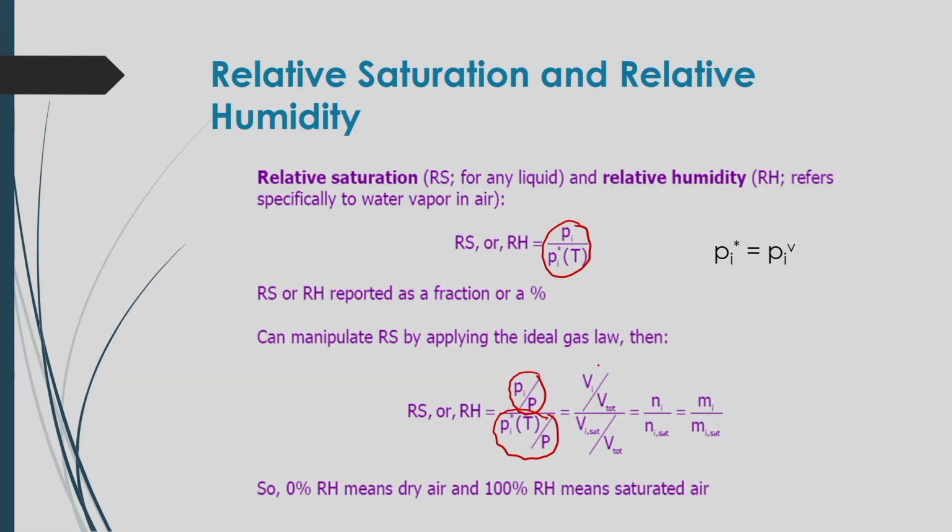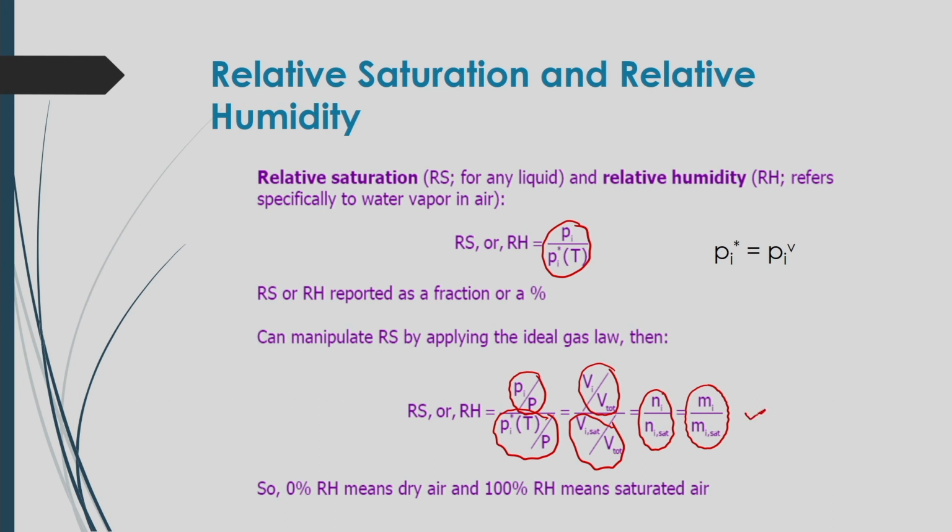Here you can say that the moles ratio is equal to the pressure ratio is equal to the volume ratio. So, we can represent it as a volume ratio also, and also as a moles ratio, and from that moles ratio, if you multiply by molecular weight, then you can represent it as a mass ratio at that particular saturation condition.